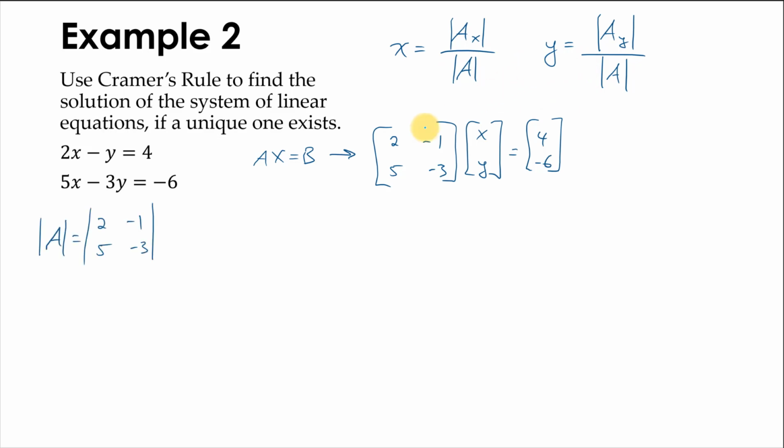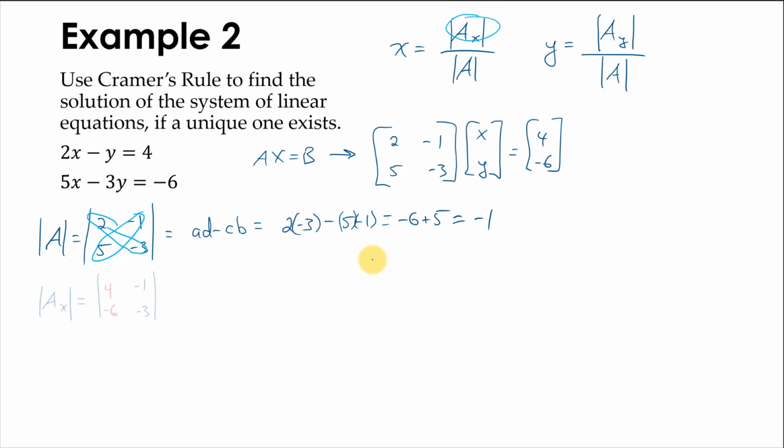The determinant of A is just AD minus CB. So when I plug those values in, this is AD and CB, and that's going to give me a determinant of -1. Now let's take a look. How do I find the determinant of A with the x column replaced?